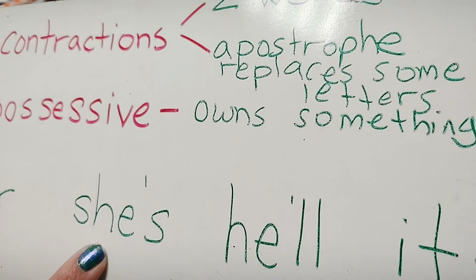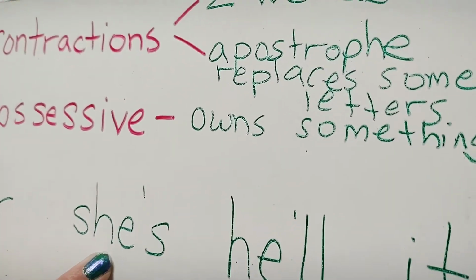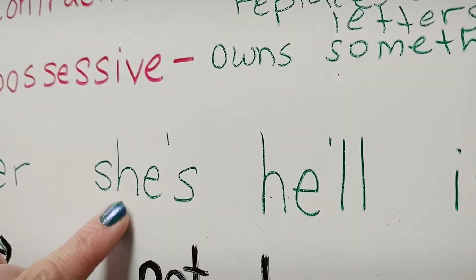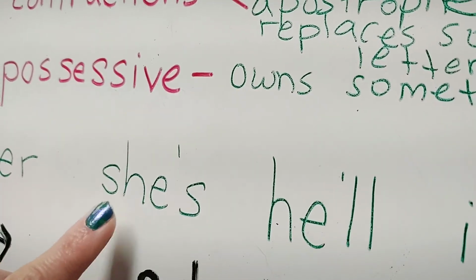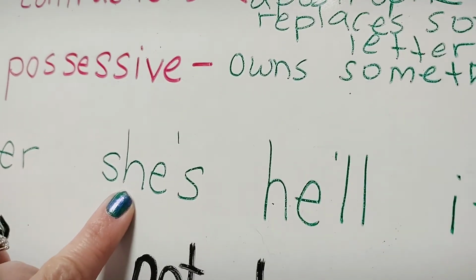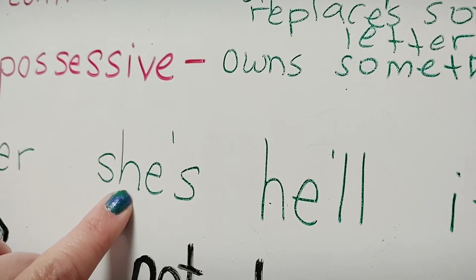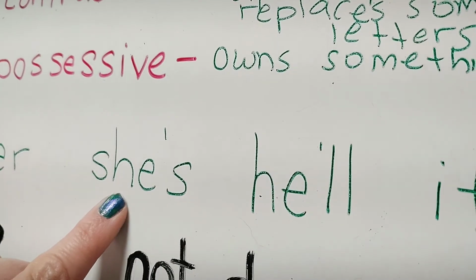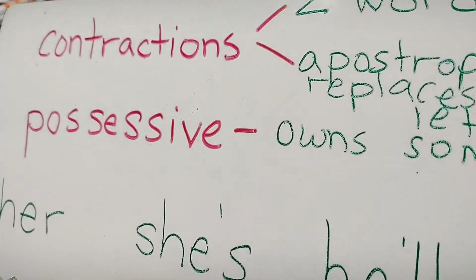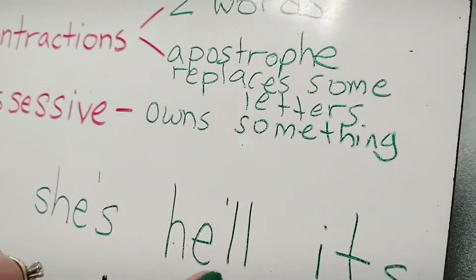Could be two words squished together, right? There's an apostrophe, so let's put that into a sentence that makes sense. She's going to work. She's not owning something. So she is going to work. So that would make it a contraction.